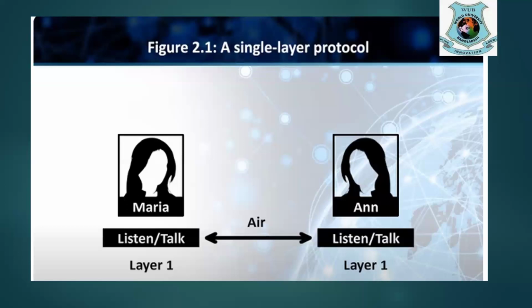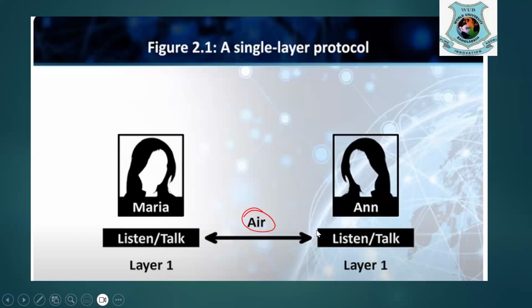When they are talking, the voice generated from Maria, or from Anne, is traveling through the air. So air is the medium here. Through air, the voice signal is transmitted from Maria to Anne.